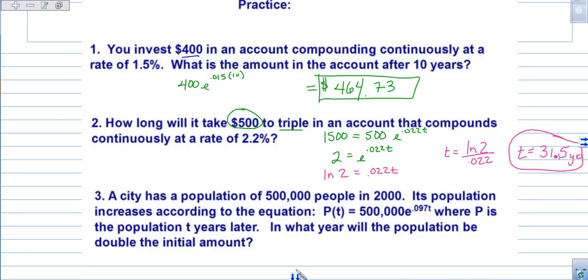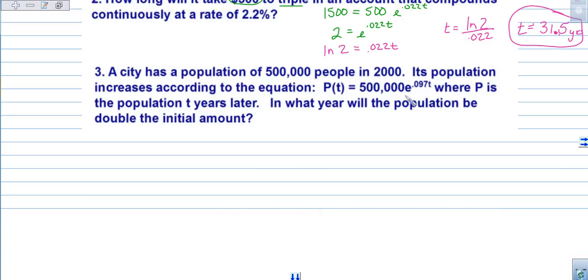Okay. And then lastly, we have this question here. So it gives us our formula, okay? And then it wants to know in what year will the population double the initial amount. So I'm going to go straight shortcut on this one. If you need to see, just double that. It'd be 1 million equals that. Okay, so 2 equals e to the 0.097t.